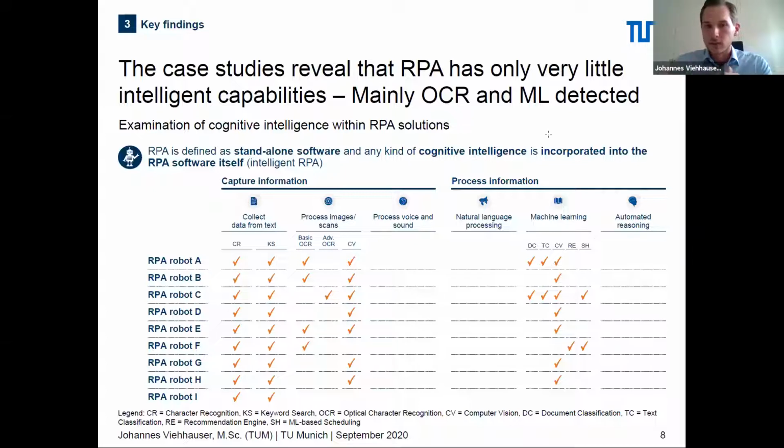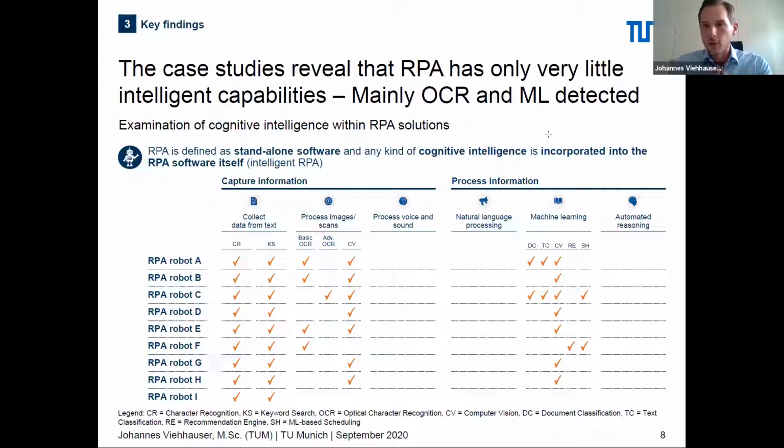Of course, all the tools that provided computer vision capabilities also have some kind of machine learning, which is a part of computer vision. What was interesting is that one RPA robot was able to provide a recommendation engine, meaning that the robot could learn based on the behavior of the human user, and if a certain failure occurs various times, it could implement the change into the workflow without requirement for coding.